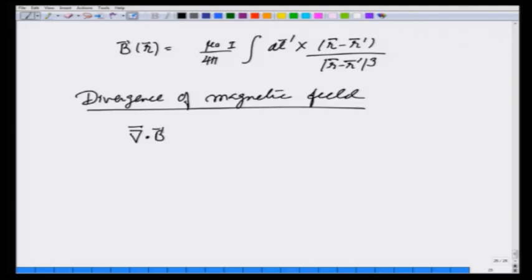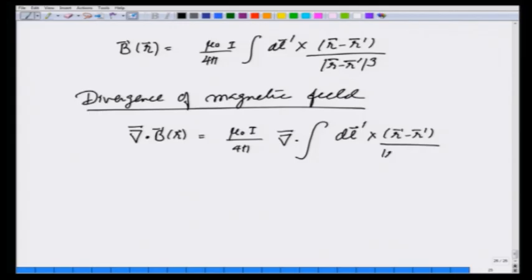Divergence of B is going to be mu 0 I over 4 pi, divergence of this quantity dL' cross (r minus r') over |r minus r'| cubed.